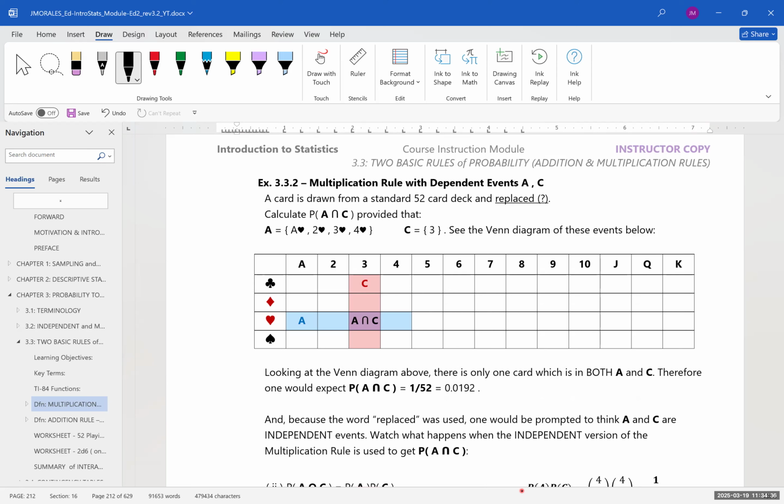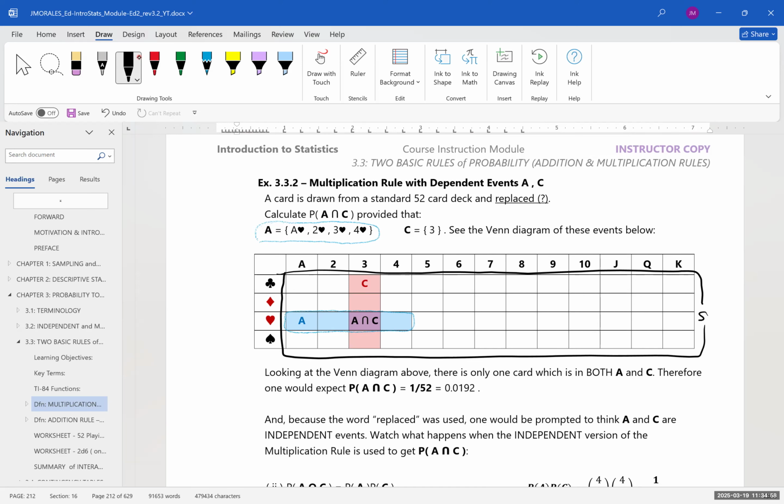And now event A is being defined as being an ace of hearts, a 2 of hearts, a 3 of hearts, and a 4 of hearts. So you can see I've kind of colored in event A here. The one thing I haven't drawn in is the sample space. Let me do that. Okay, that's all possible outcomes.